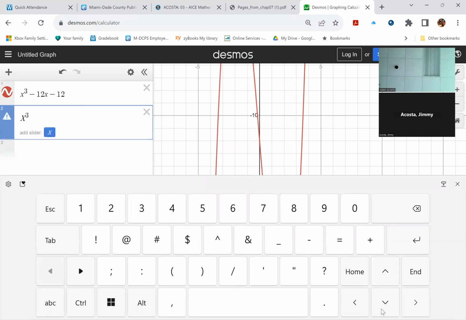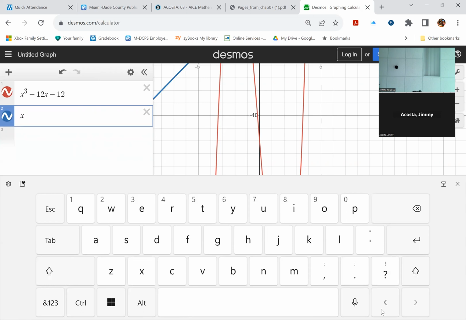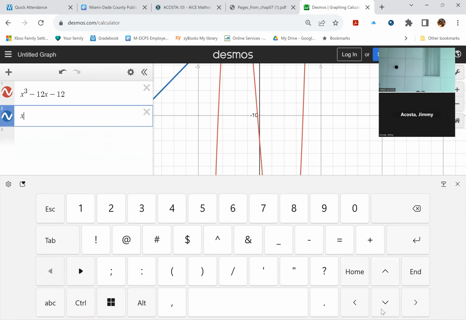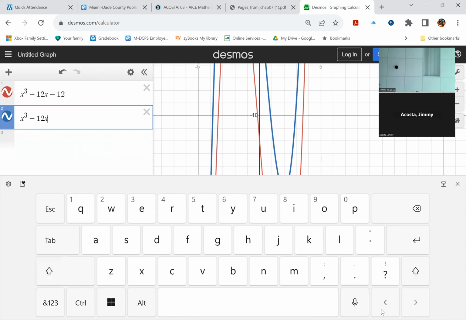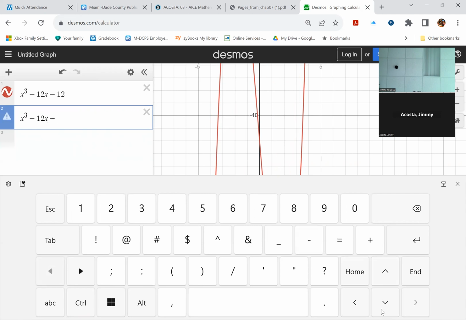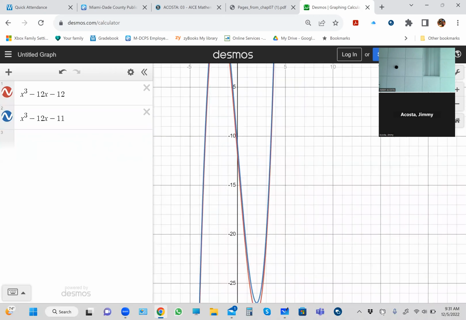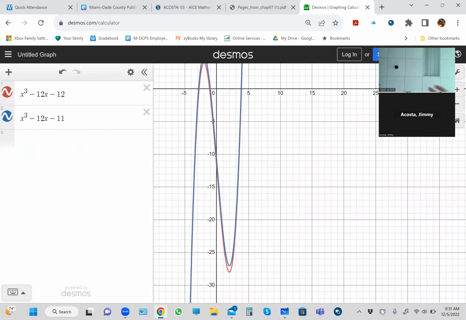X raised to the 3rd minus 12x. But now, look what happens when I do minus 11. Now, let's take a look at it. You see that? It went up a bit.